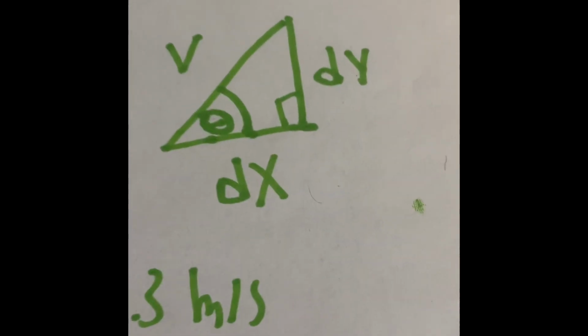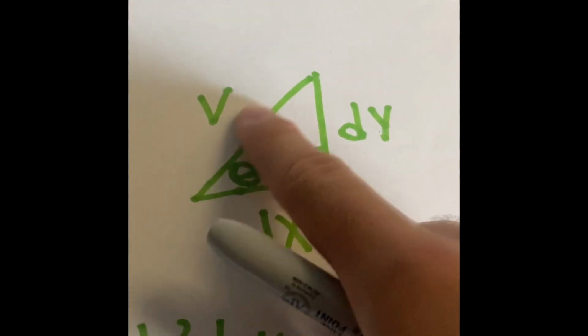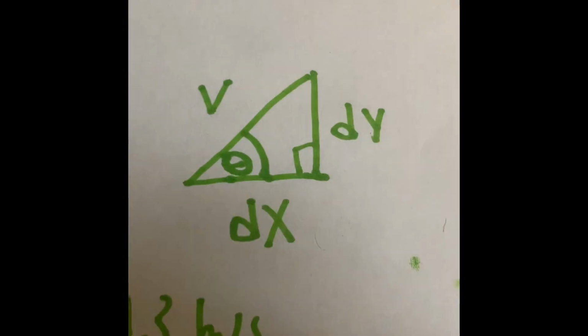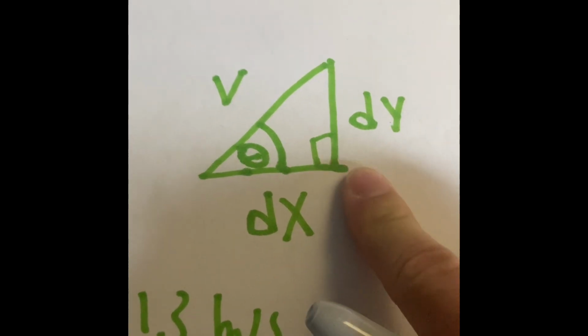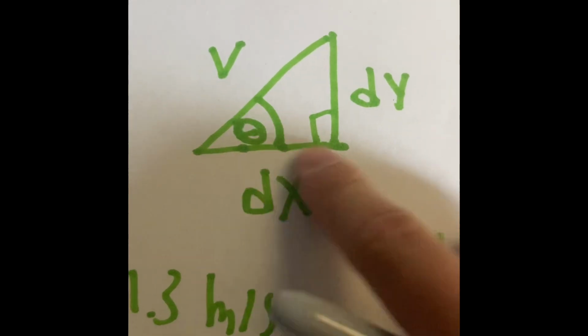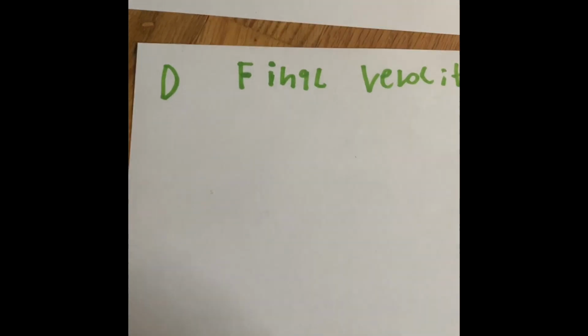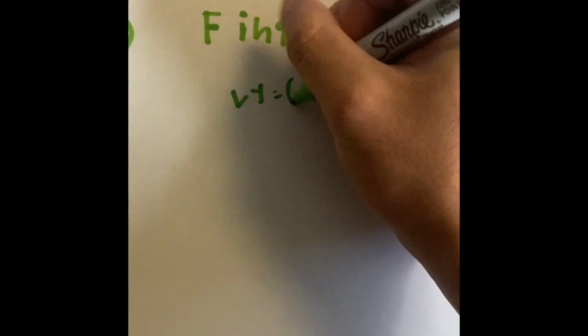Do you remember when we used this triangle? We understood that our V is the hypotenuse, basically the speed of the ball in a certain direction. Your dy is the height, basically how much altitude the ball has, and dx we've talked about is your range. What happens here is we know that Vy is going to equal 6.48 from the data right over here.